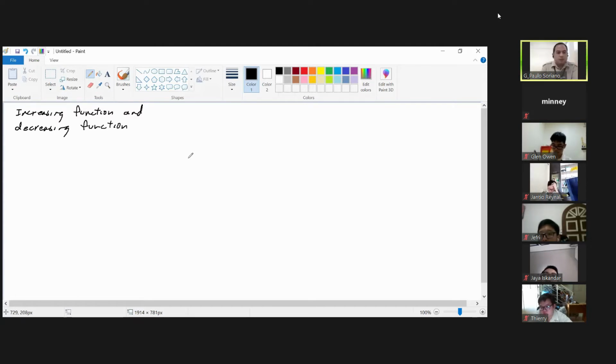So what do I mean by that? Let's say now that we have a certain function, f of x is equal to x plus 1. That's a very easy, basic function.